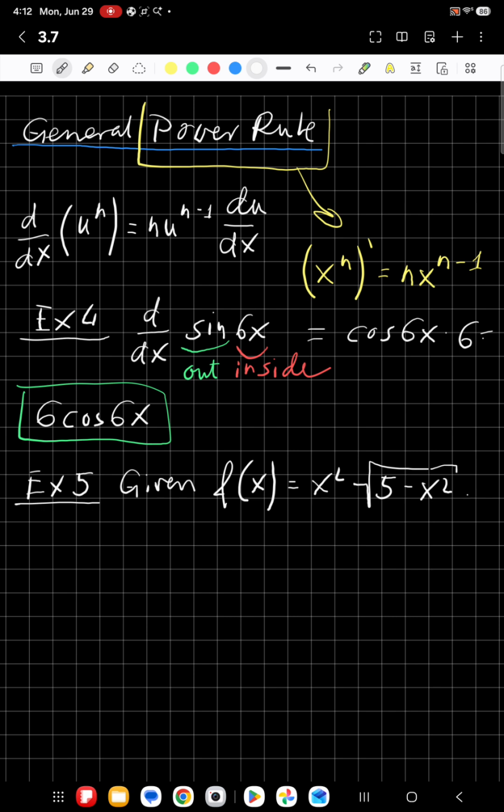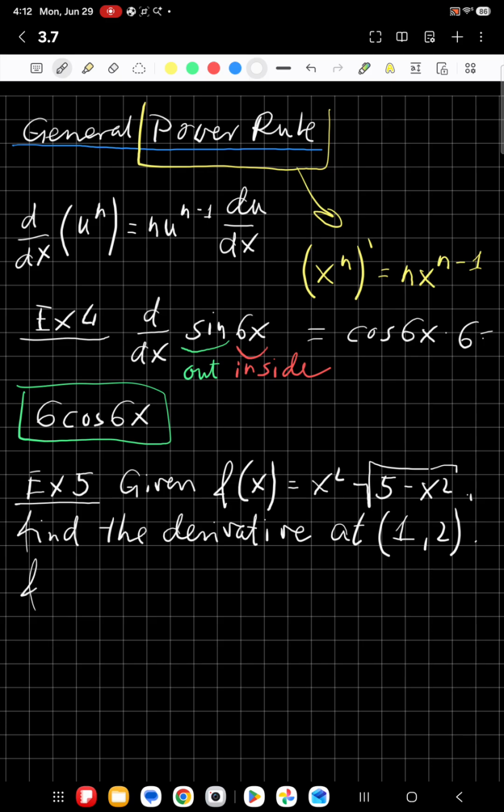Given this, find the derivative. We have a function and we need to calculate the derivative, so f prime of x.